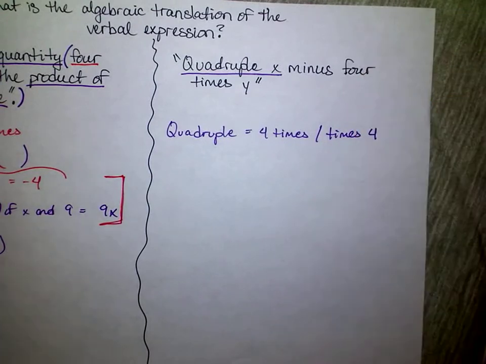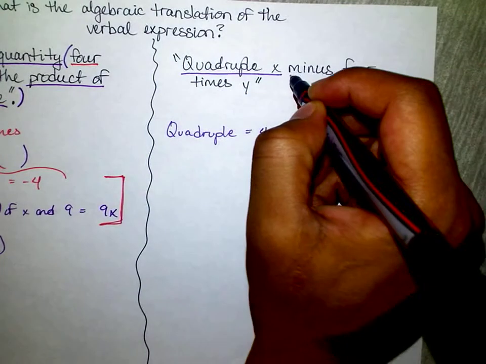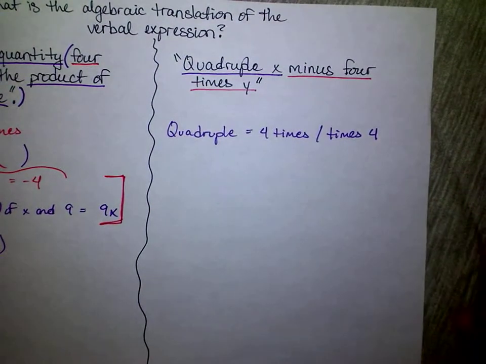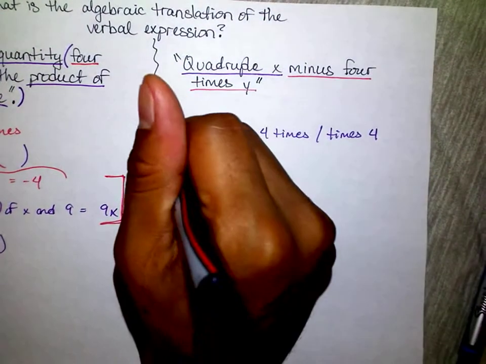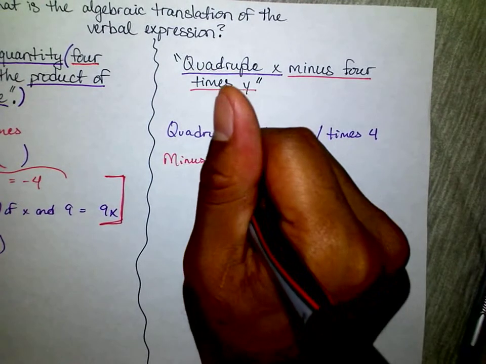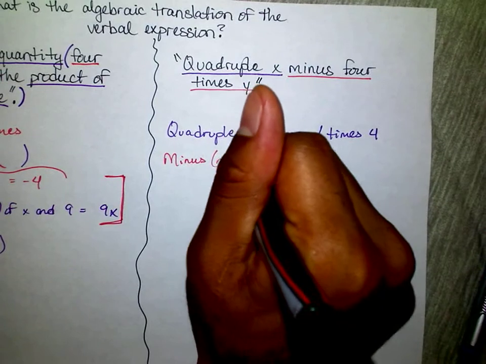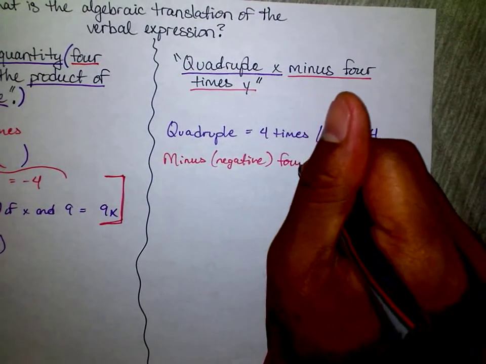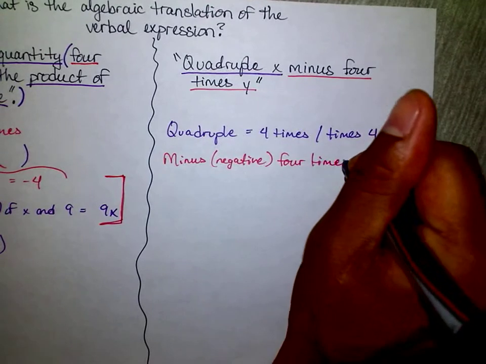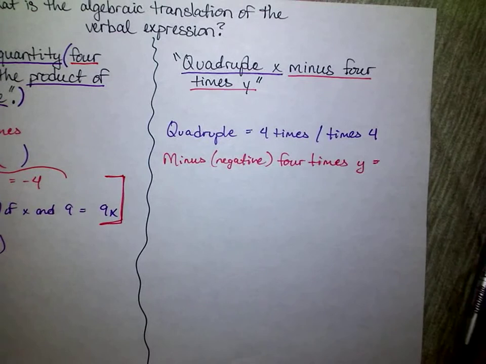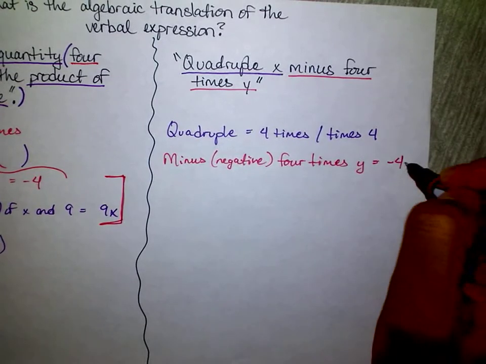Then we have minus 4 times y. So minus, which is just really negative 4 times y, which is going to give us -4y.